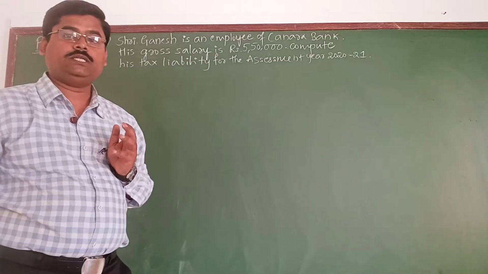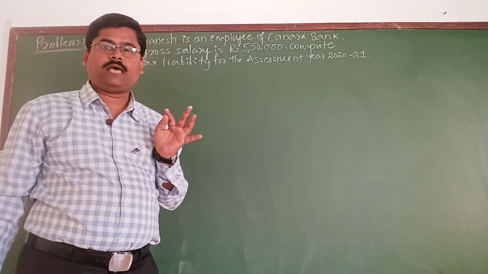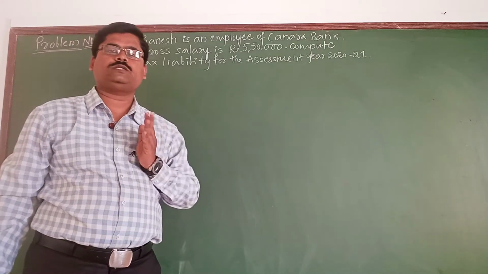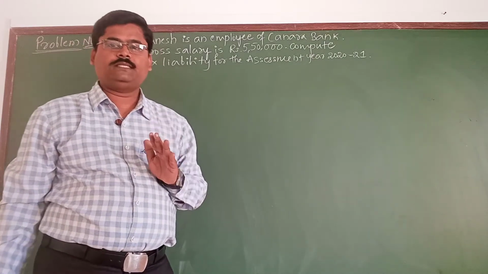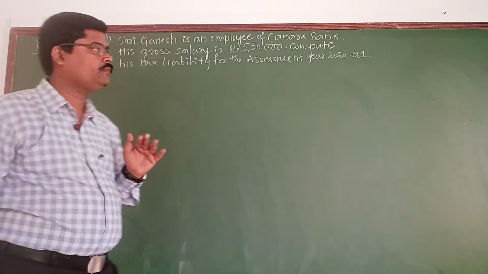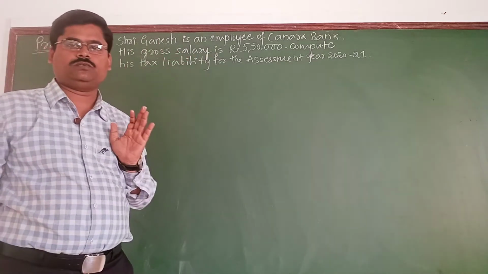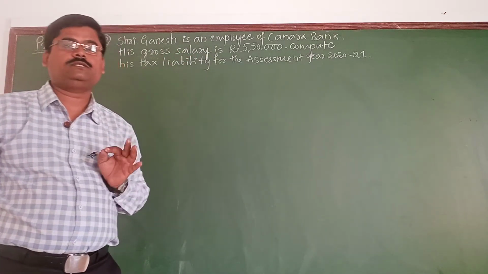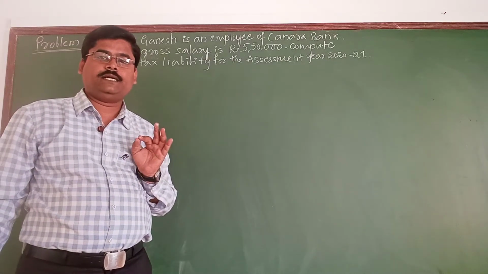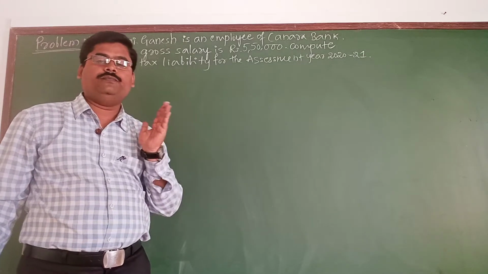So Mr. Ganesh, the type of the assessee, is an individual, and his age has not been given. It means that he is below 60 years only. His gross salary is rupees 5,50,000. Gross salary means it is before showing the standard deduction under section 16IA.